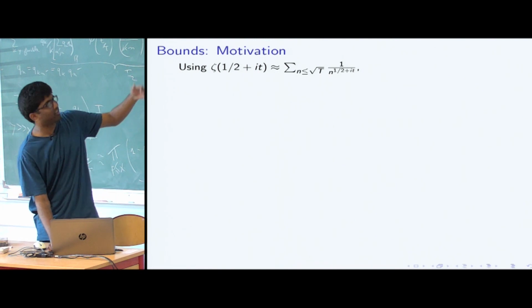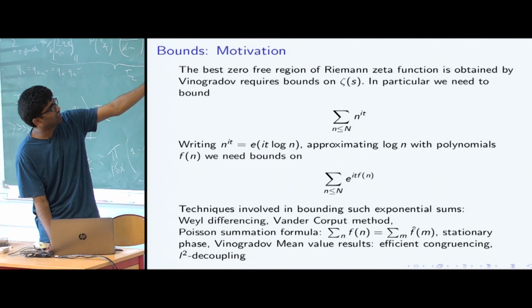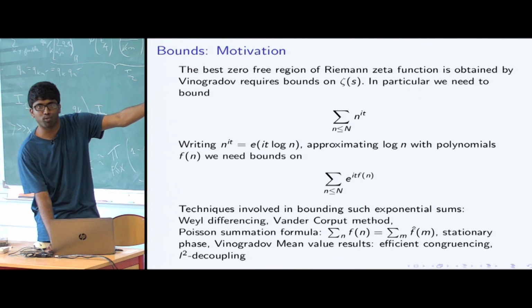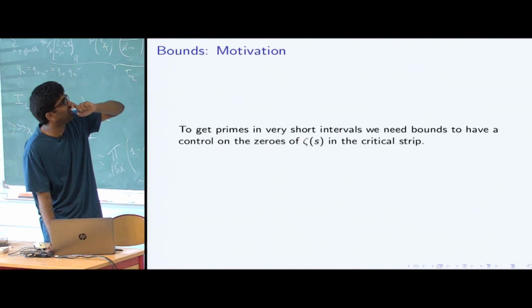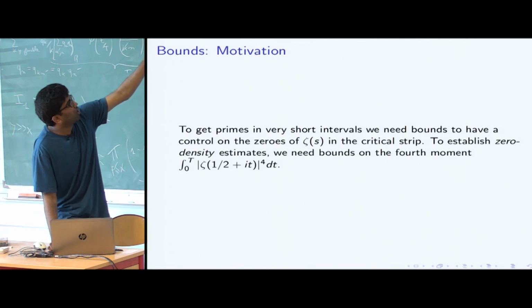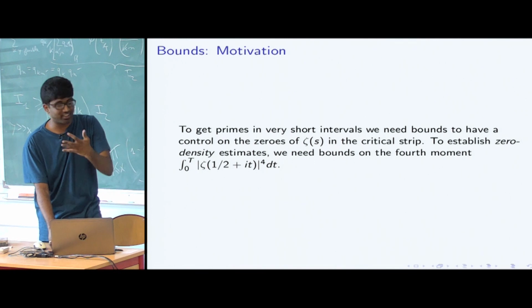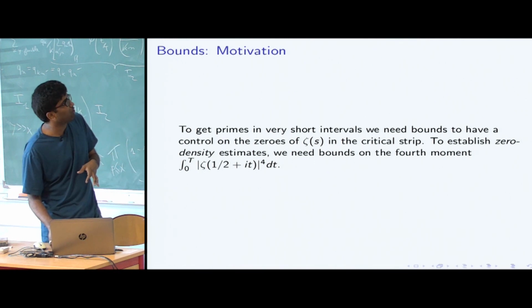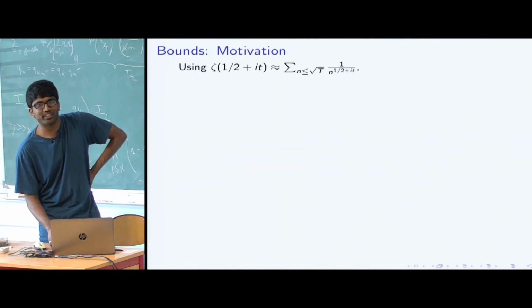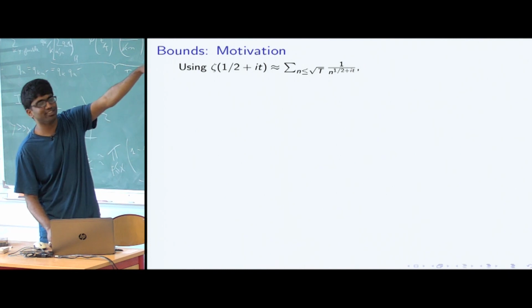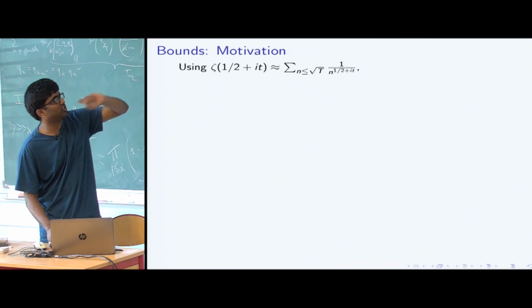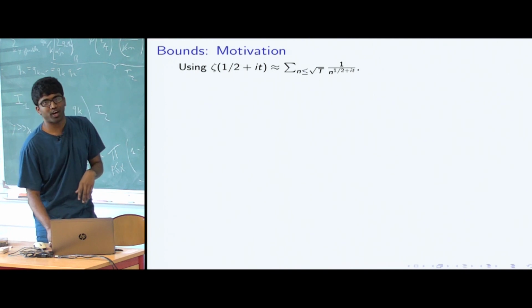Previously I said that bounding these exponential sums involves a lot of arithmetic. I'll also try to show how bounding this fourth moment kind of problem involves much deeper tools when you try to bound these zeta half plus it. So zeta half plus it has this expansion. It's a short sum of 1 over n to the half plus it.